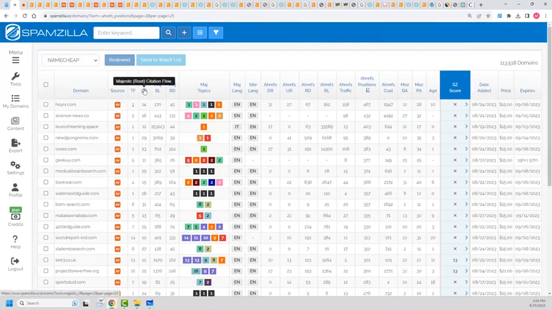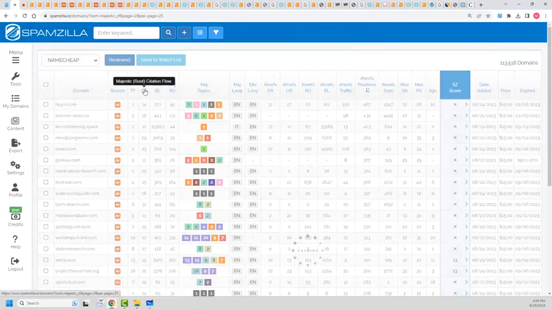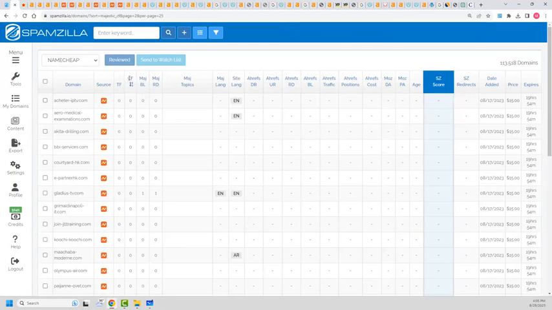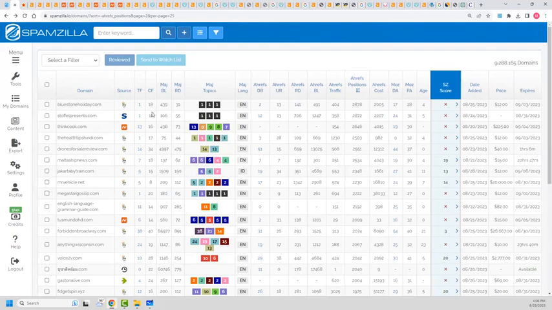CF, citation flow. I don't know what that is. I mean, is there a correlation between that and rankings? I don't think so. Backlink reputation. Okay. Yeah. And then this is your backlinks, and then your referring domains. So it's similar, but the metric I care about is this one. So if it doesn't have that, I don't care.